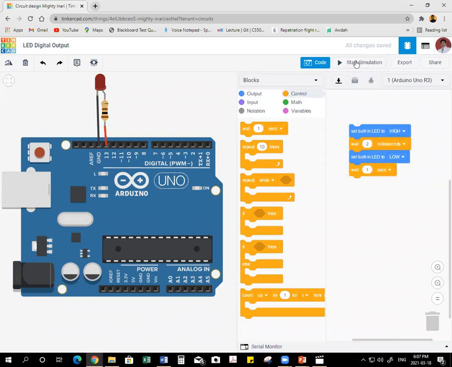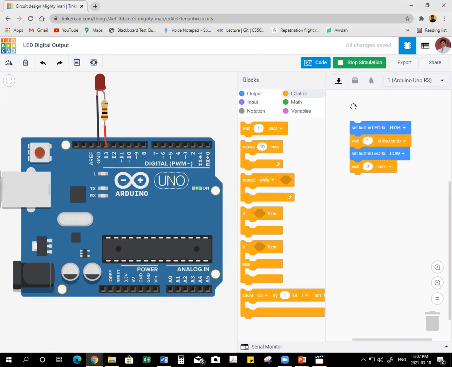Now see the output. The circuit and this code and everything is saved by default. See, for 2 seconds it is on, and for 1 second it is off. After being on for 2 seconds, it is off. So I will decrease this and I will increase this one.